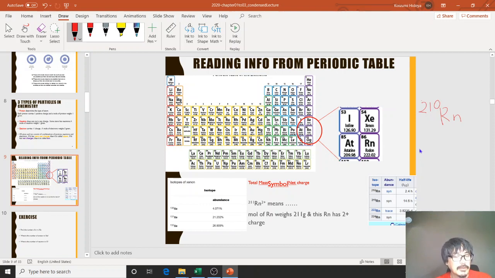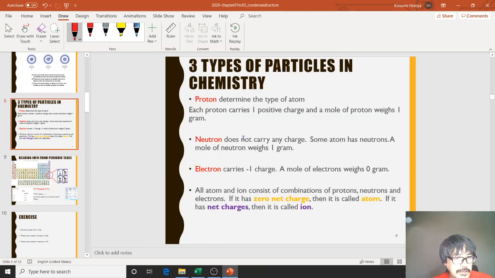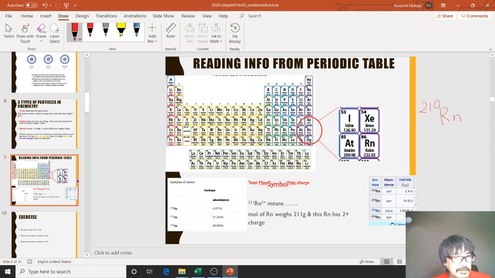Now, what makes it interesting is that the number of protons determines the type of atoms. So each of these radon actually has 86 protons, because you already specified Rn. But the total mass is 210.